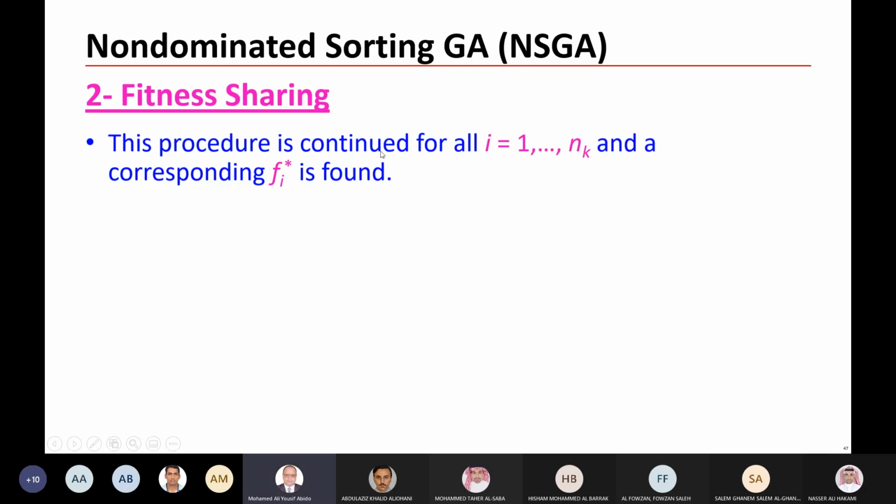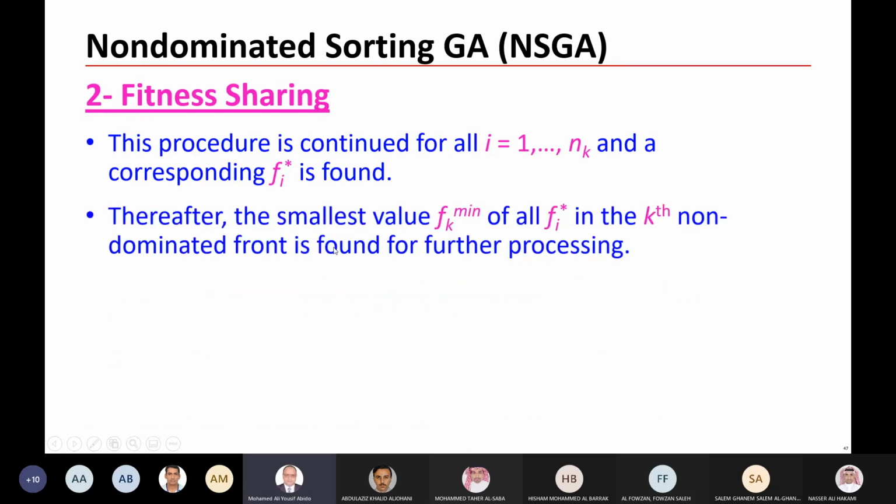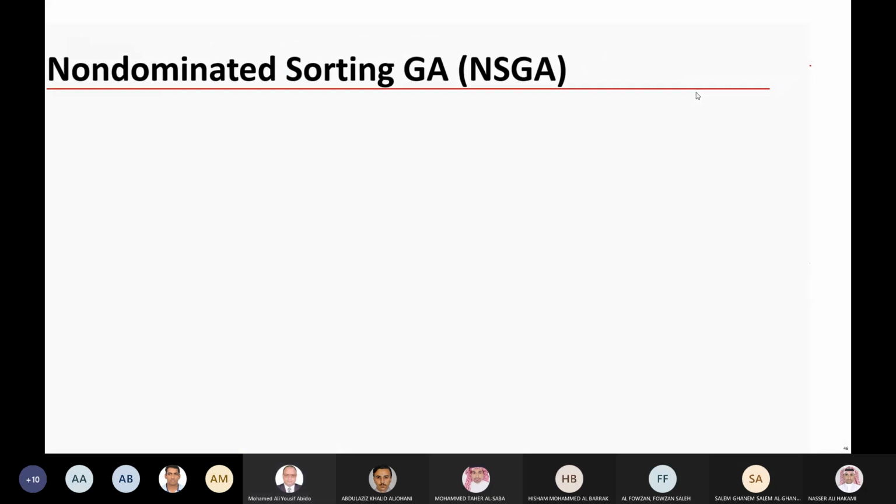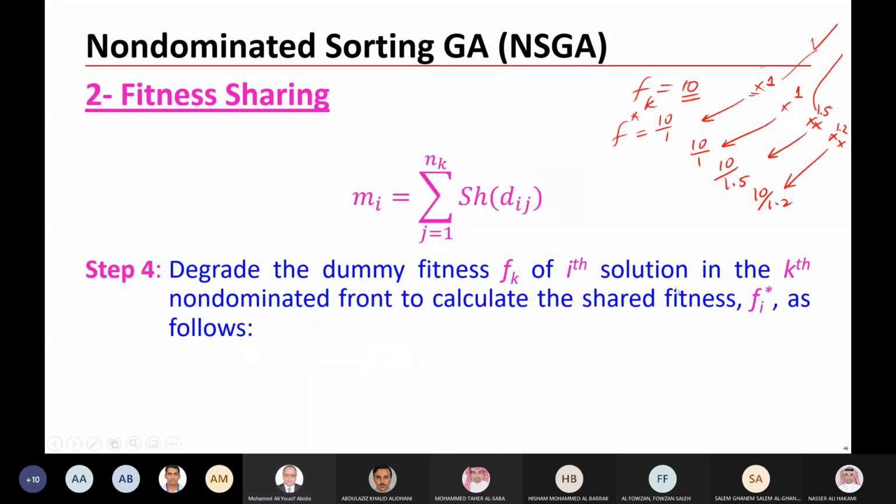This procedure is continued, of course, for all the fronts. The smallest value will be taken. Here for this example, the minimum value will be over this one. This is the minimum in this front.